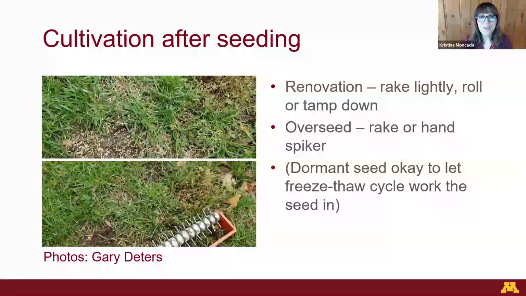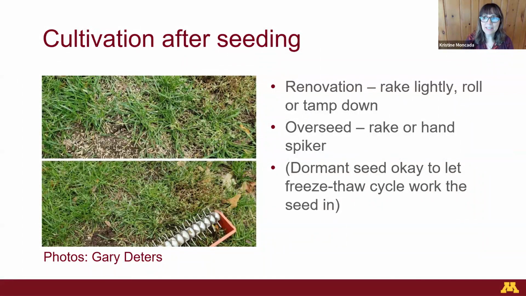Okay, so hopefully you're still following me. We have seed on the ground now, based on whatever bee lawn mix that you chose. If you've prepared the site and put down the seed using your method of choice, there is an additional step to get the seed into the soil a little bit better.